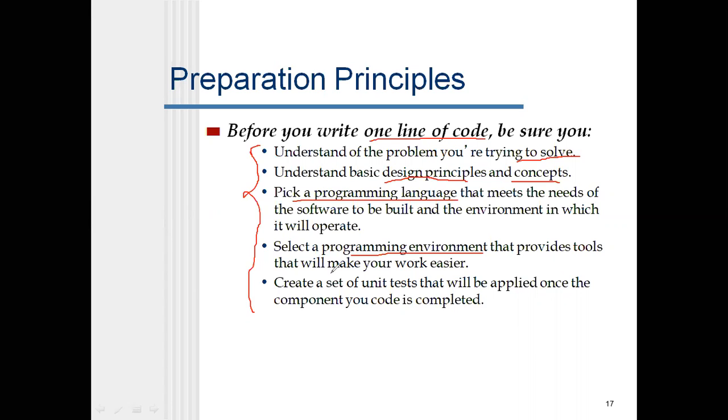Next, create a set of unit tests. After developing each small task, you should apply some unit tests on that program. First of all we should prepare some unit tests. Suppose I'm going to write an addition program.